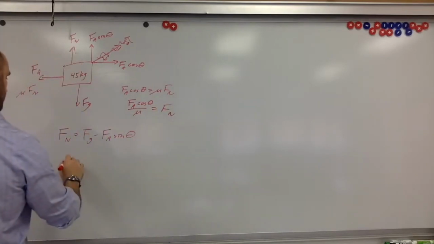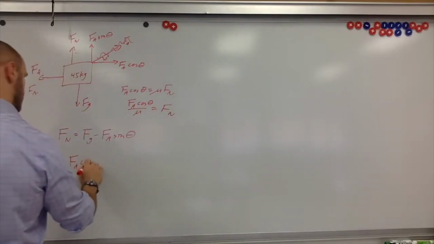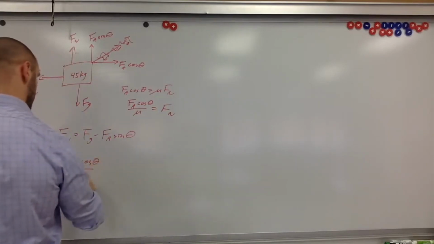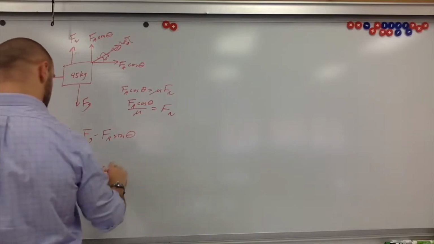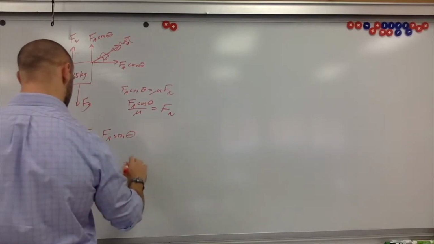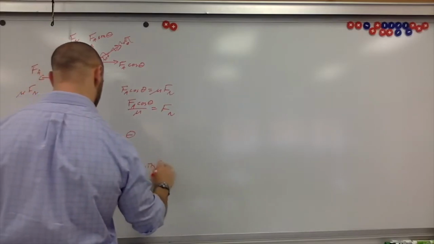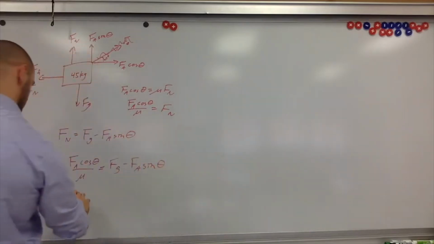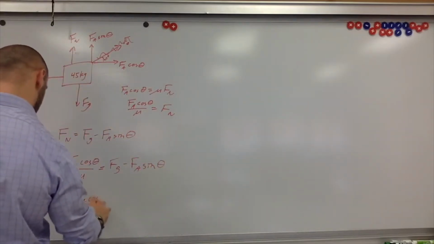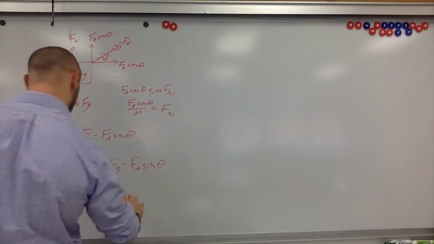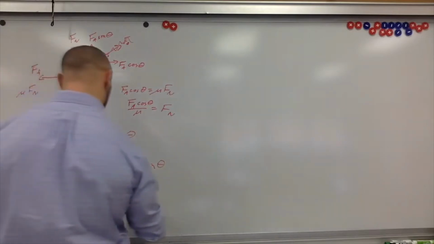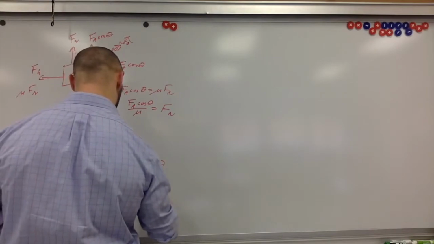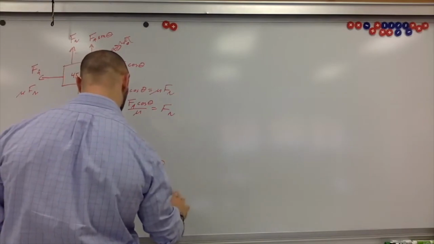Now I've got Fa cosine theta over mu equals Fg minus Fa sine theta. So I have Fa cosine theta equals mu Fg minus mu Fa sine theta.